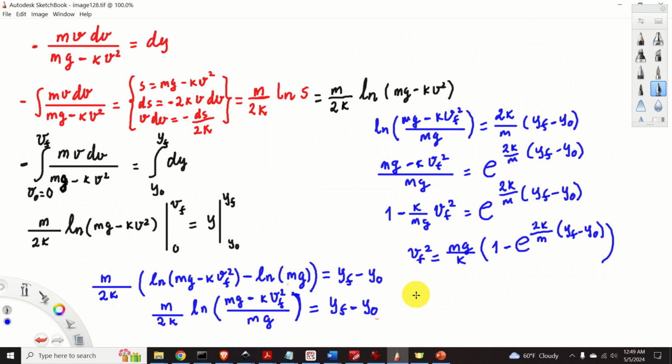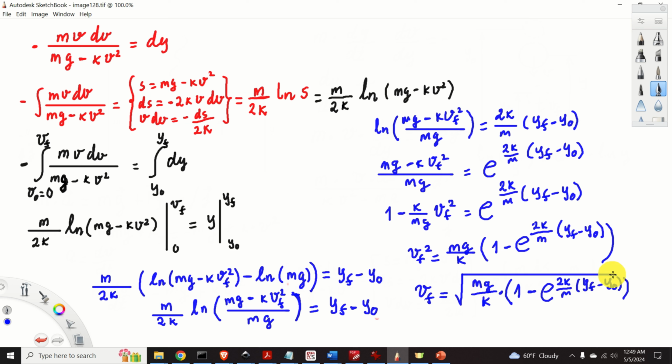And from this equation we have that vf is a square root of mg over k multiplying 1 minus e to the power 2k over m multiplying (yf minus y0).